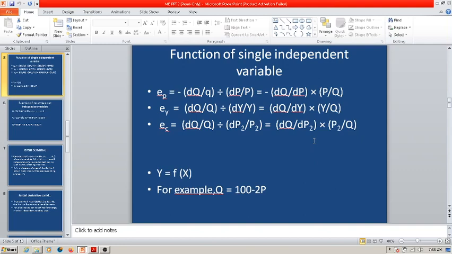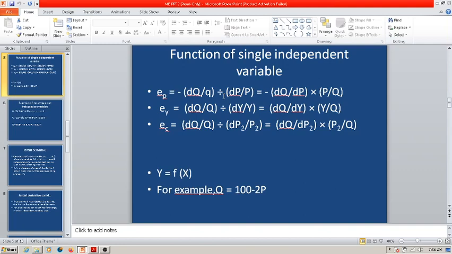So far we were discussing demand function as a function of a single independent variable. We have considered only the derivative of functions of a single independent variable. In all the problems that we have computed, you were given a demand function expressed as a function of a single independent variable.